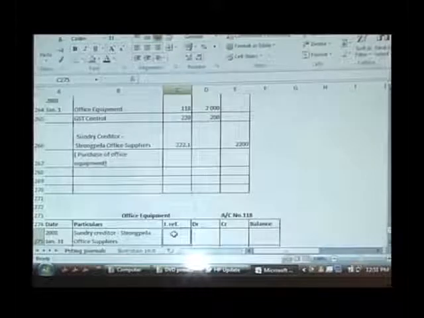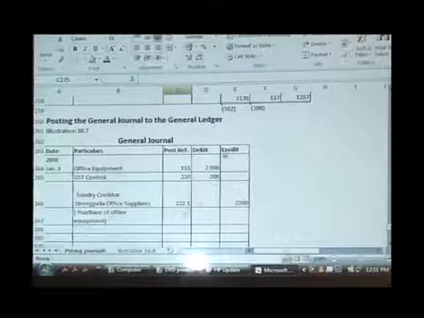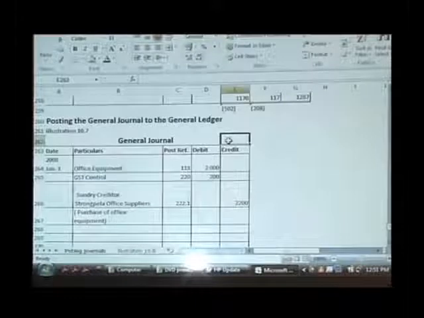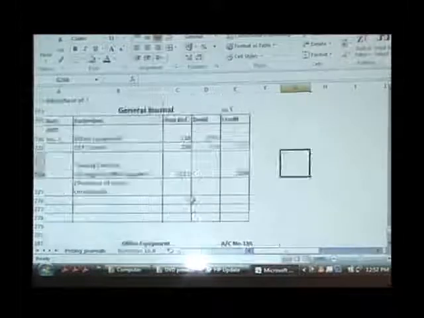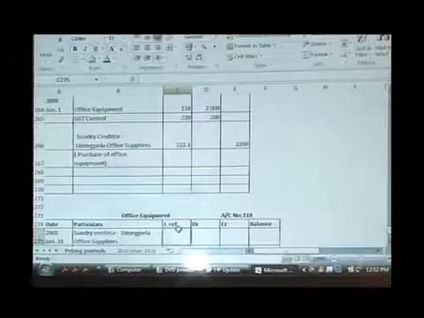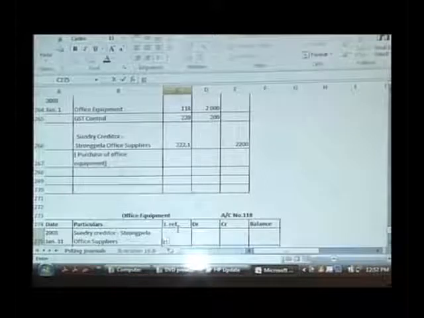Here the journal reference is, we put general journal, page number 1. So here it is GJ1, General Journal, page number 1.